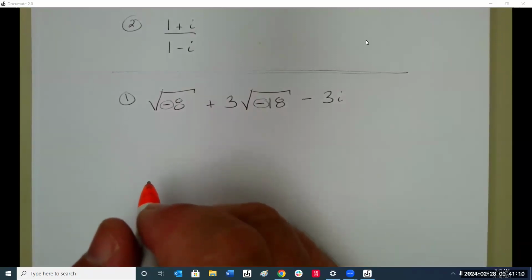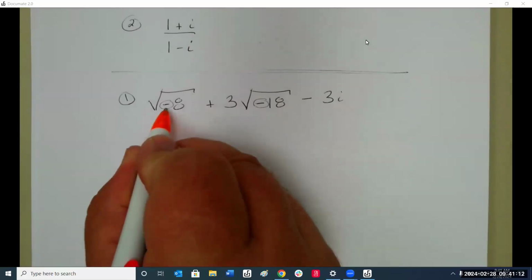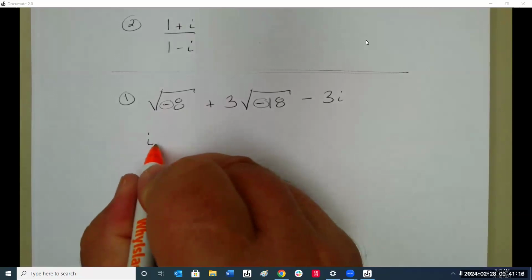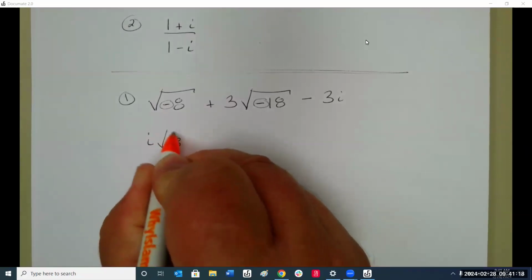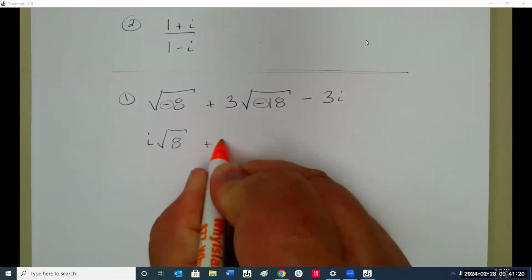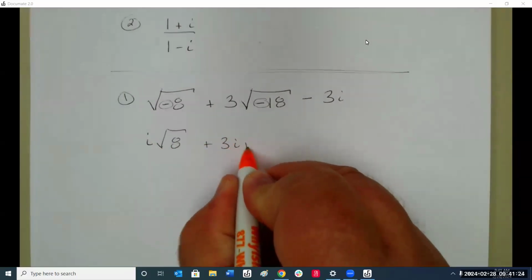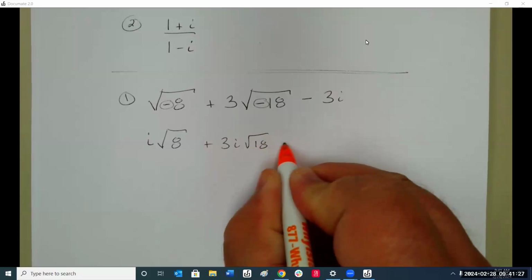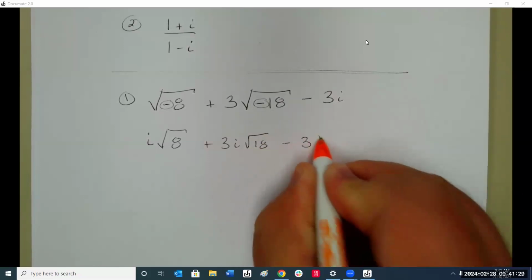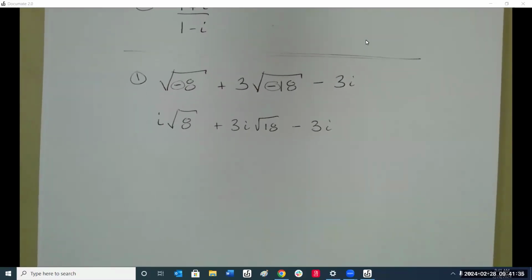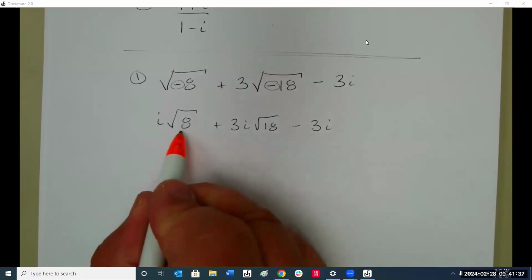Take out the negative, we put i in front. So we have i radical 8, 3i radical 18 minus 3i. That's the first thing. We got rid of the negatives inside there. The next thing we do is simplify those.